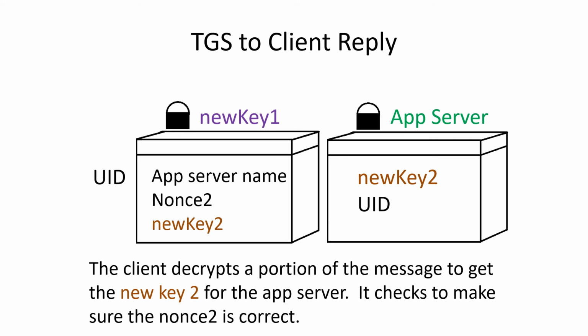We sent that message to the ticket granting server, and it's replying with the second nonce, that way we know this is a fresh message. This has to be the same random number that we created and sent earlier, and it will send it back to us. If it's not the same, we know this is a replay attack.